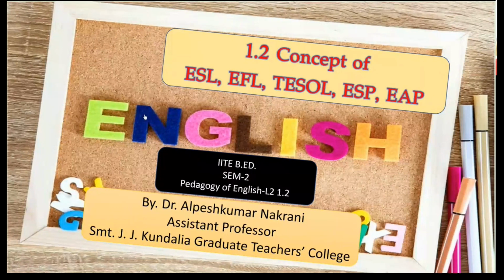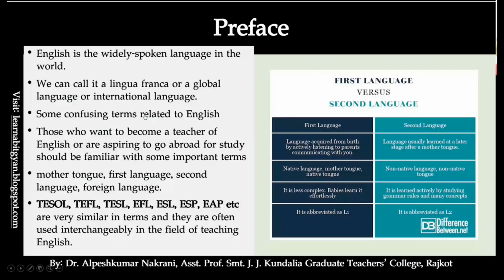So first of all, let us begin with the basic concept of first language and second language. We very well know English is a widely spoken language in the world. Almost all the countries speak or use the English language in one way or another.